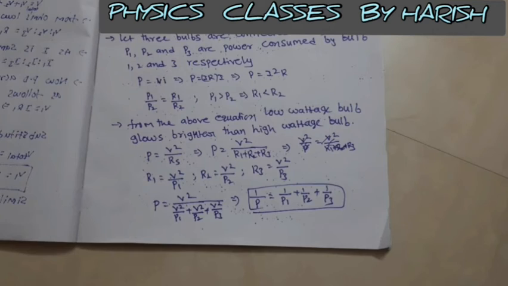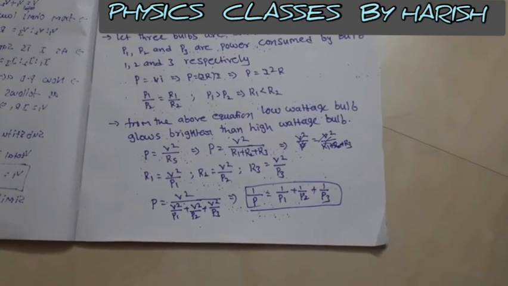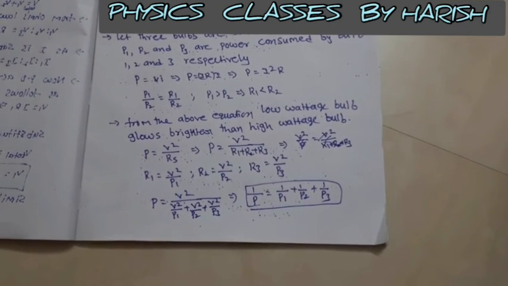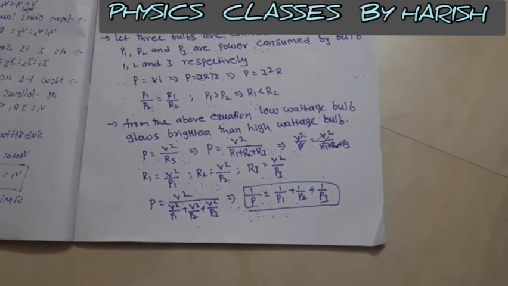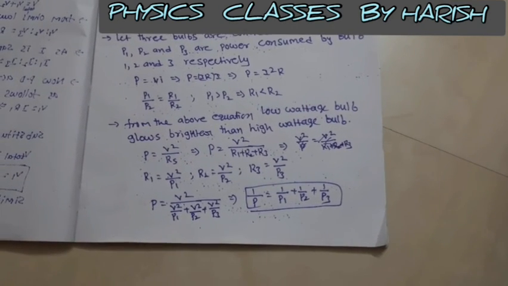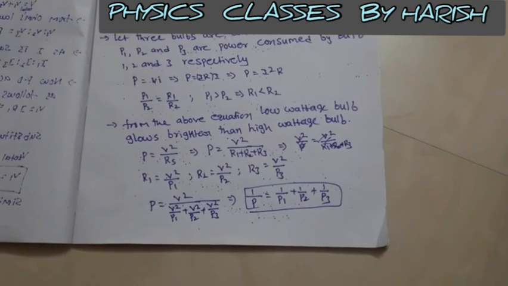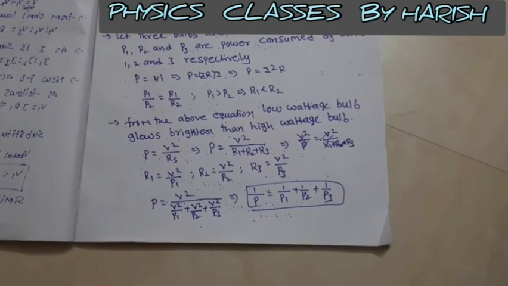This is the effective power consumed by the three bulbs connected in series. So you have to remember, guys, when resistors are connected in series, the effective resistance is the algebraic sum of all the resistors, but the power consumed by the three bulbs connected in series is 1 by P is equal to 1 by P1 plus 1 by P2 plus 1 by P3.